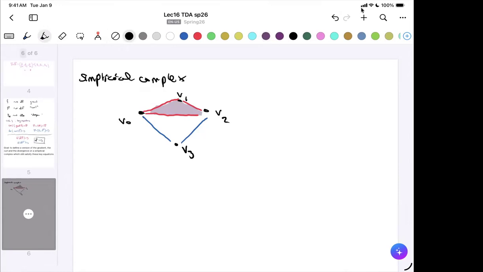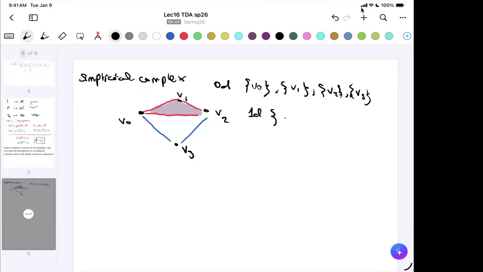Combinatorially, if you wanted to describe the simplicial complex, at stage zero you have the vertices, which are zero dimensional. The one-dimensional stuff would be the edges, which you can label in terms of the endpoints of the edges. That's an important thing that we'll use in a moment.